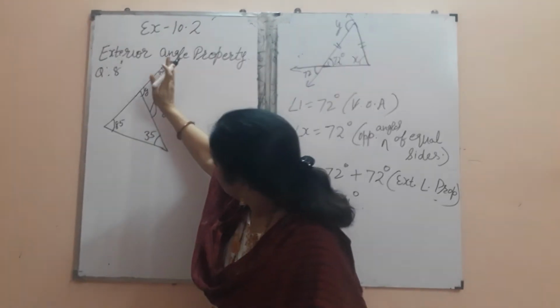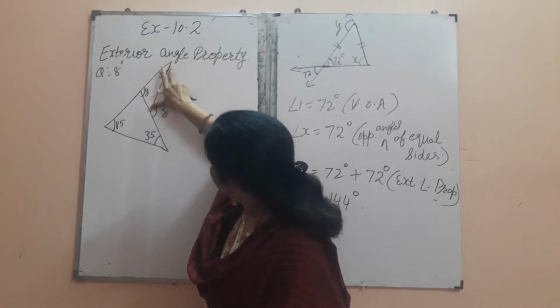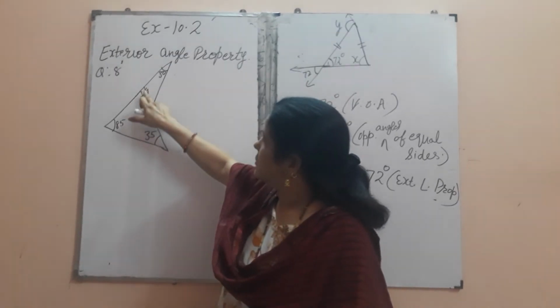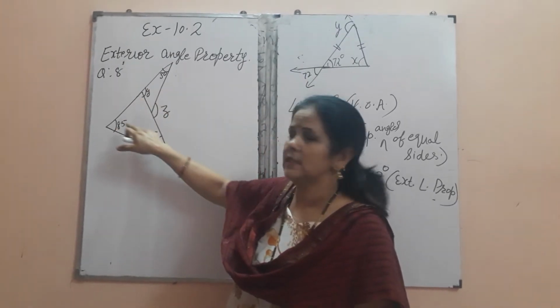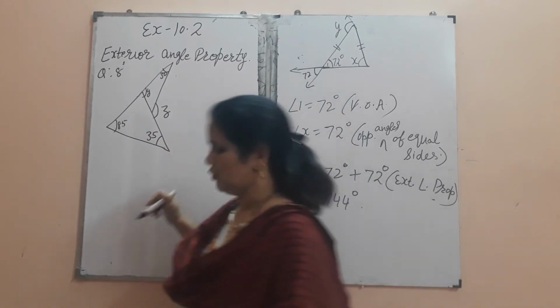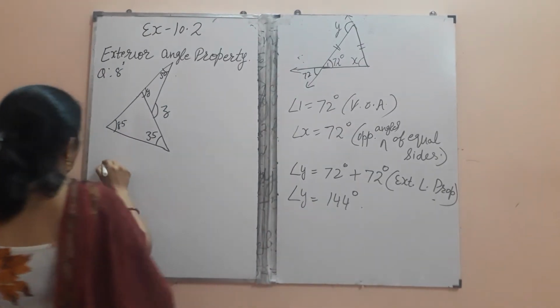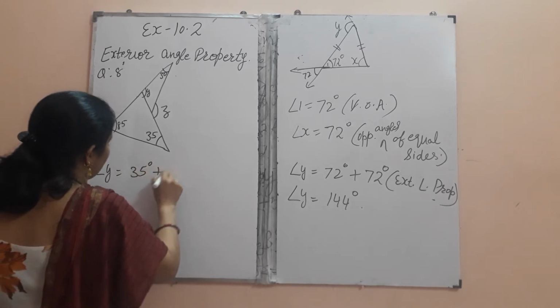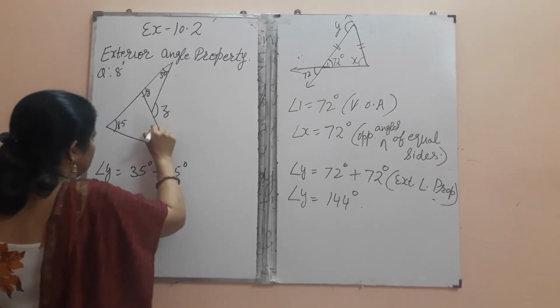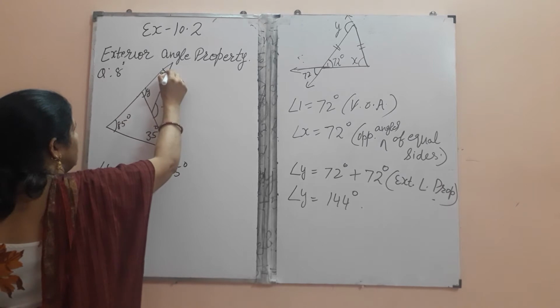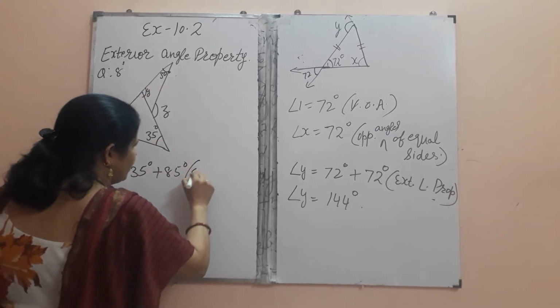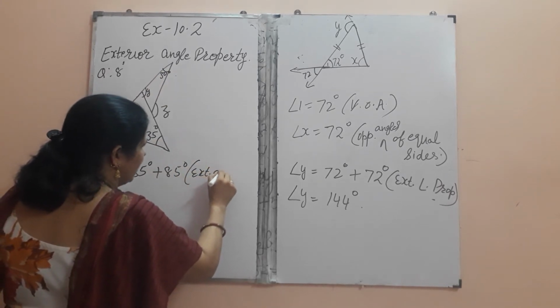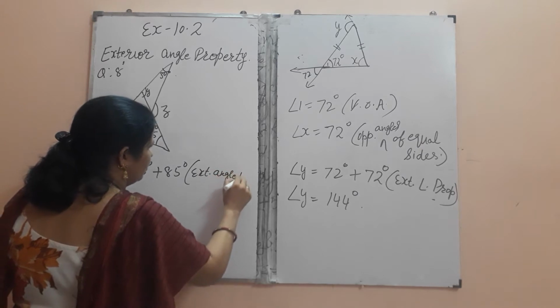If we forget about this line, then this y is the exterior angle and its opposite interior angles are these two angles. So angle y equals 35 degrees plus 85 degrees. These are degrees. Y, by the exterior angle property.